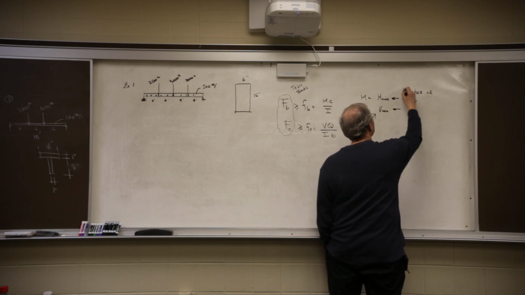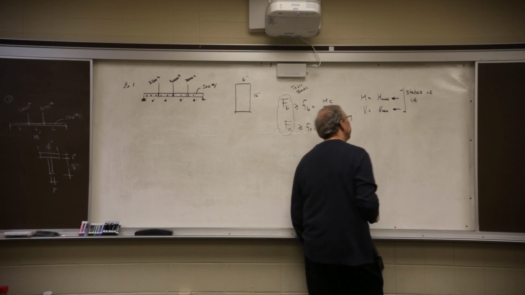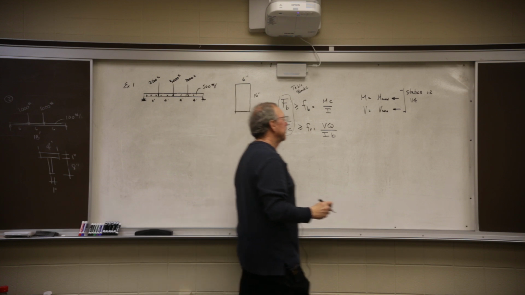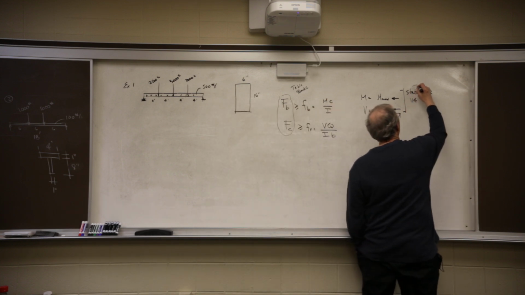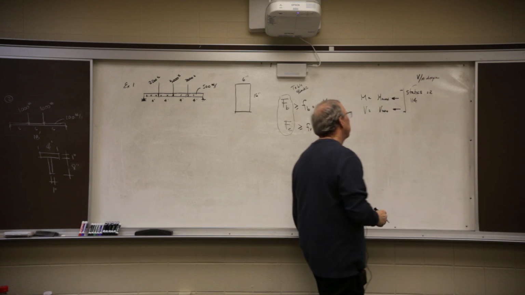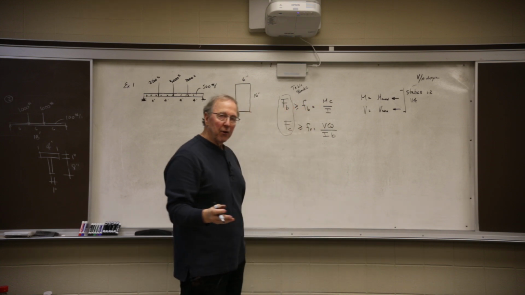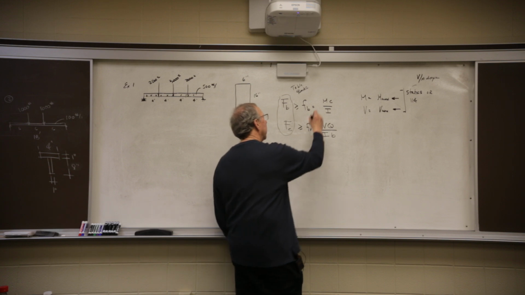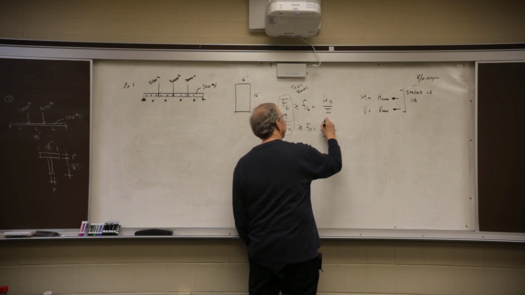Same process. Statics, and draw the shear and moment diagram. This is going to be statics, means to draw the shear and moment diagram. Or go to page 114 and throw numbers into the equations and come up with them. So that takes care of this guy and this guy.